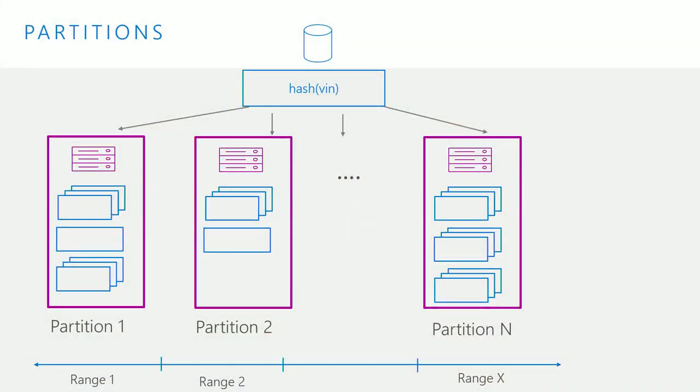Okay, all right. So let's peel back the scenes a little bit to what's actually happening. In all these magic boxes, each of these purple boxes is a physical partition where Cosmos DB stores your data. Each of these blue boxes is a logical partition. A logical partition just means any data with the same partition key value is in the same logical partition.